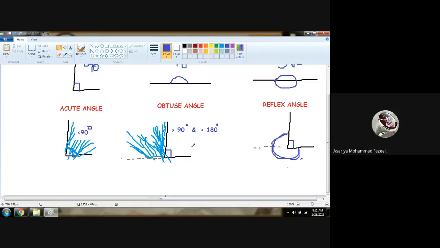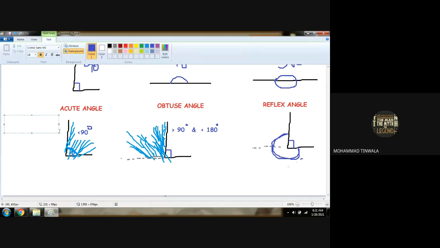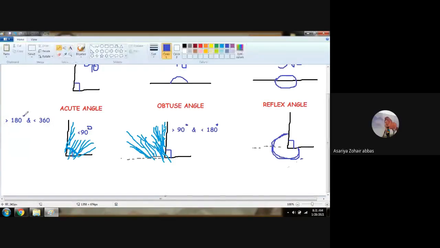Yes, sir. And in reflex angle, it will be more than 180-degree and less than 360-degree. Very good. Which is more than 180-degree and less than 360.